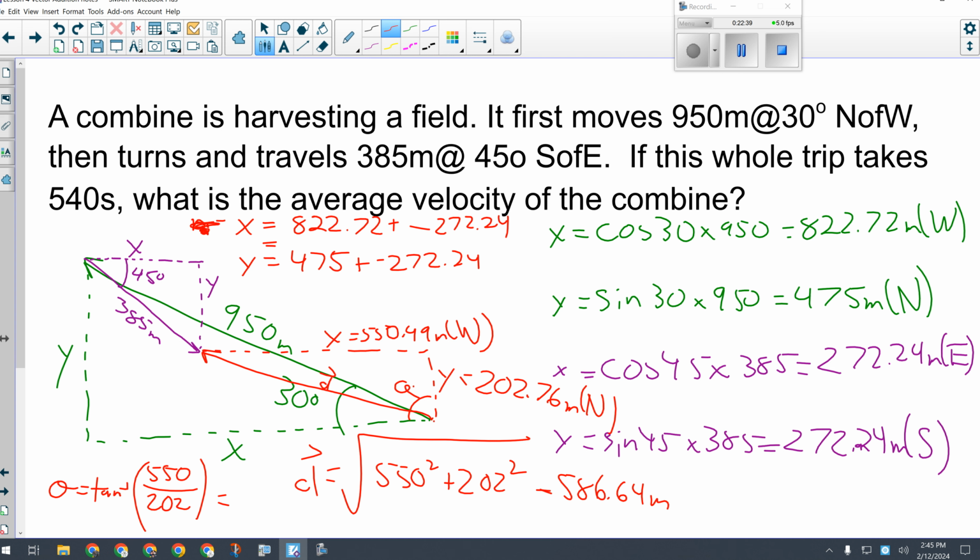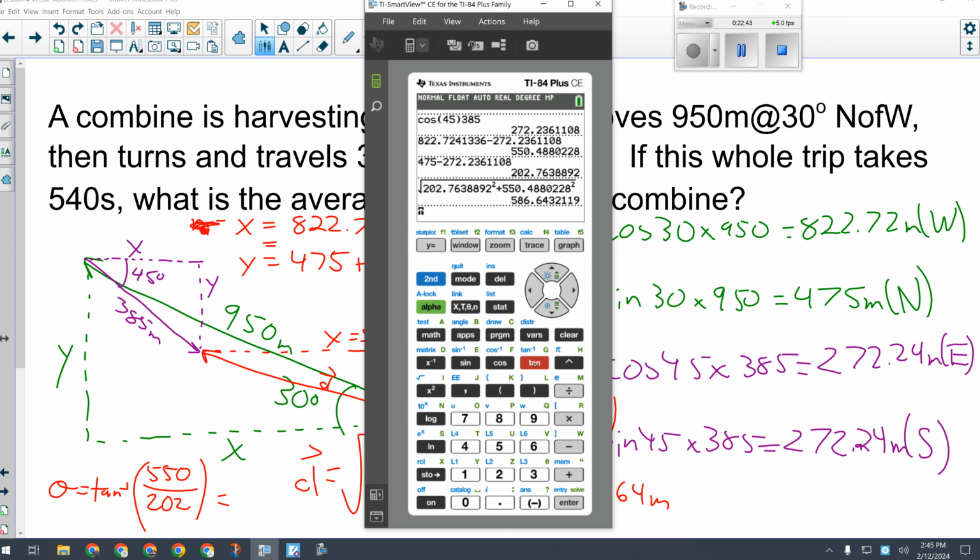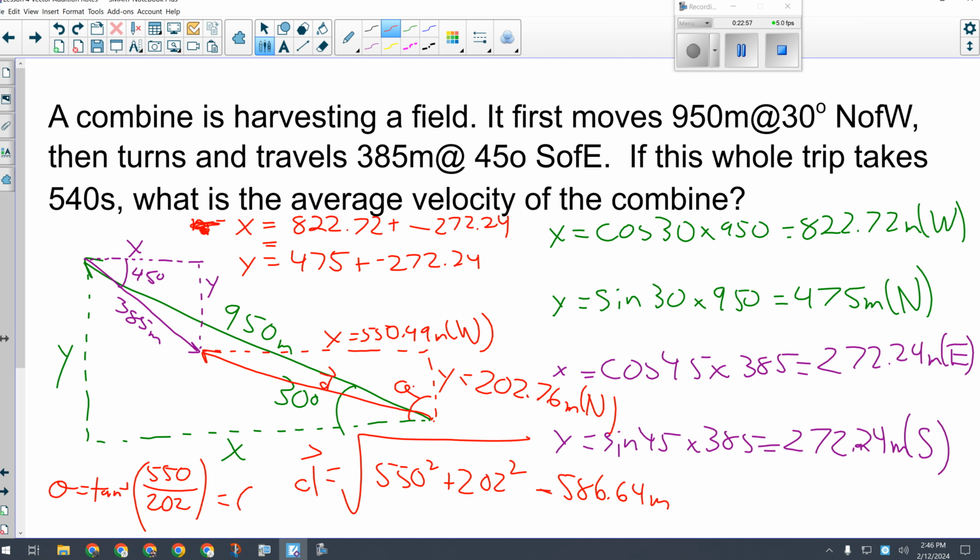If you drew the triangle the other way, those are flipped. I'm getting an angle here of 69.78 degrees.